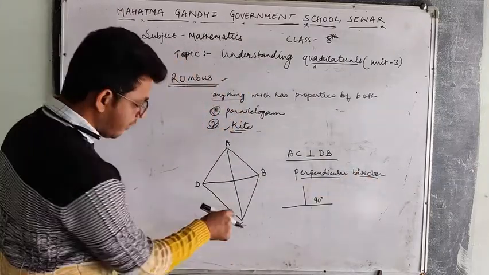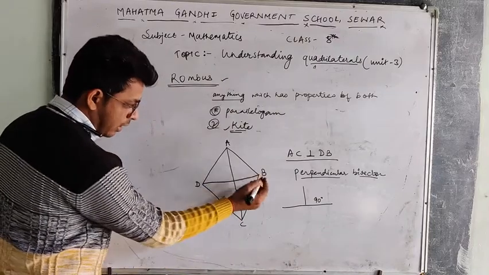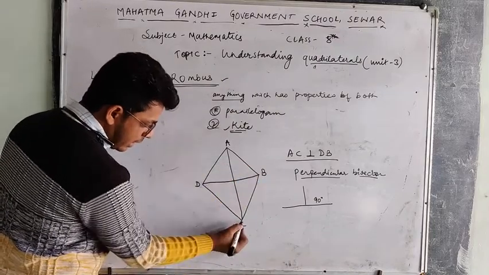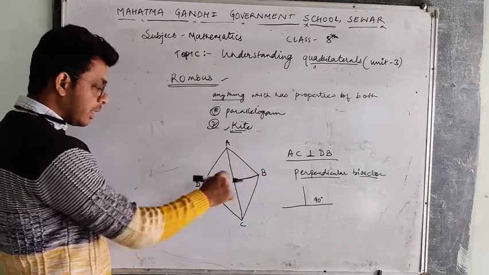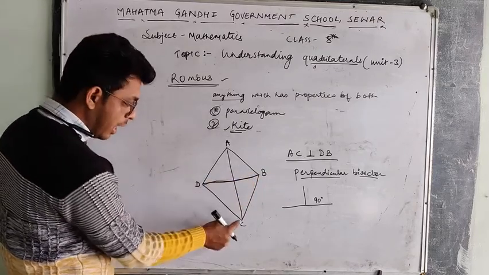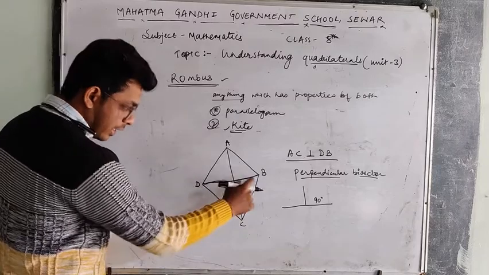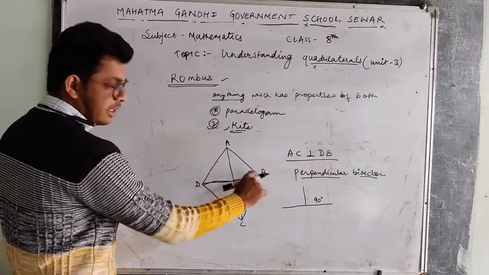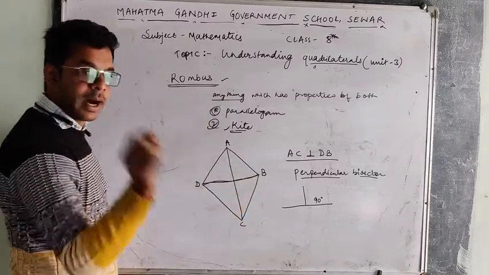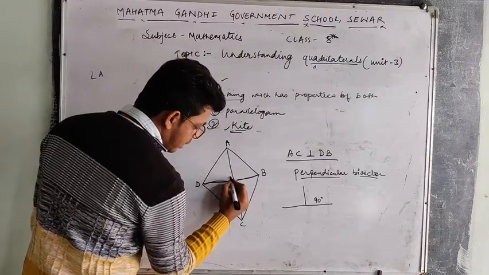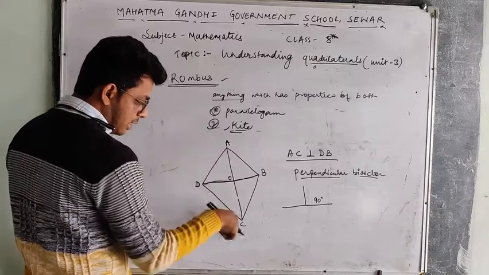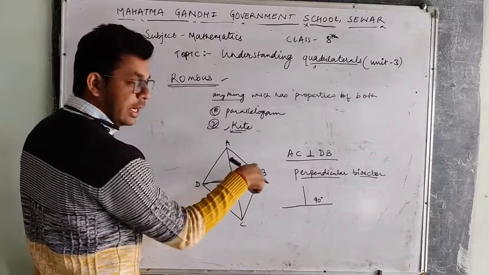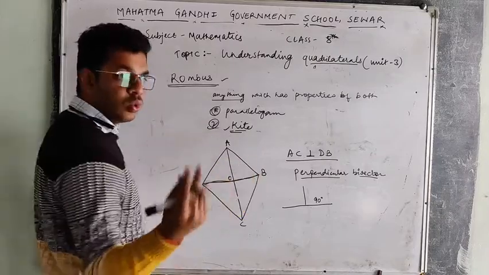It means if AC is falling on DB, it is making an angle of 90 degrees and dividing DB into two equal parts. If I name this point O, AC falling on DB will divide DB into two equal parts.